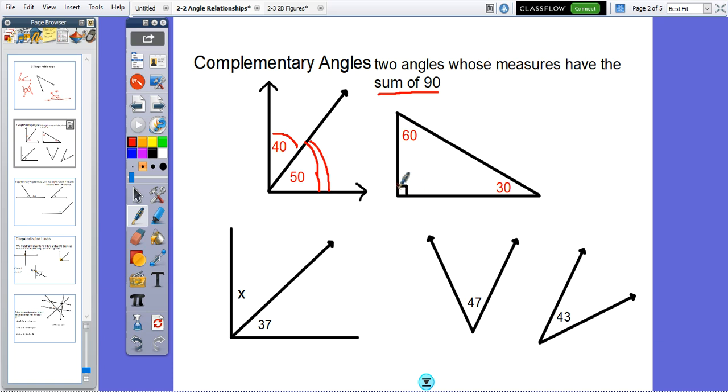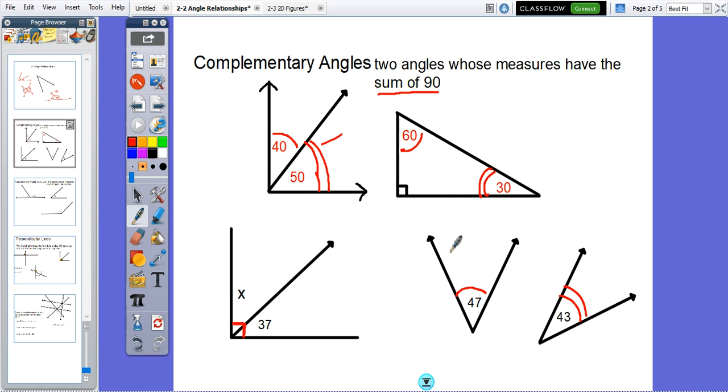This is a right triangle, meaning one of the angles is 90, so the other two angles together equal 90. So these two angles are complementary angles. They can also be completely separated, but the sum of these two angles is still 90 degrees, so they're complementary angles.